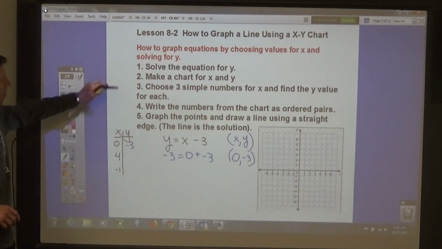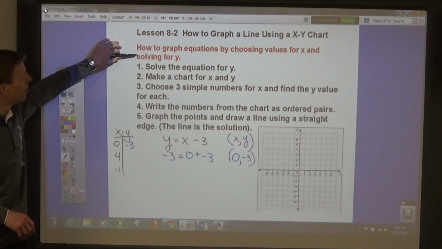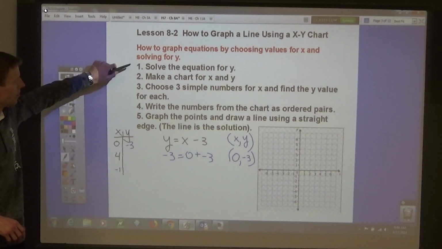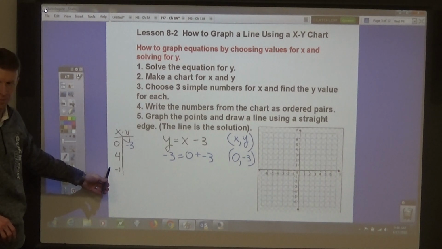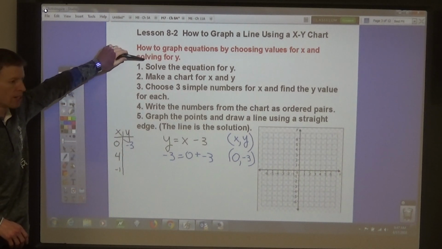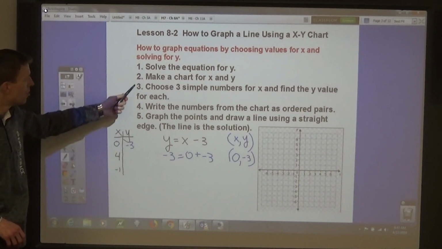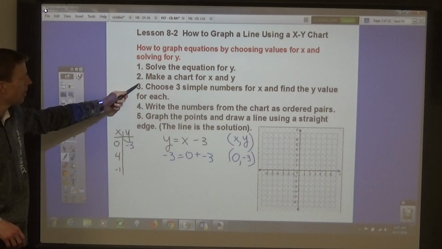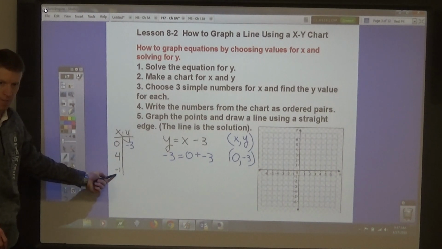There's a number of different ways to do that. The way that we're going to learn about today is called making a t-chart, or using an xy chart. The first step in that is to solve the equation for y, and then choose 3 simple numbers for x, and you write those down under the x column.